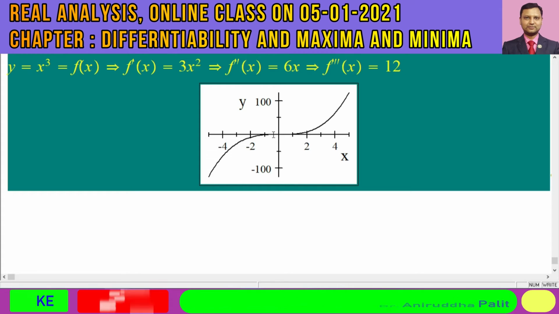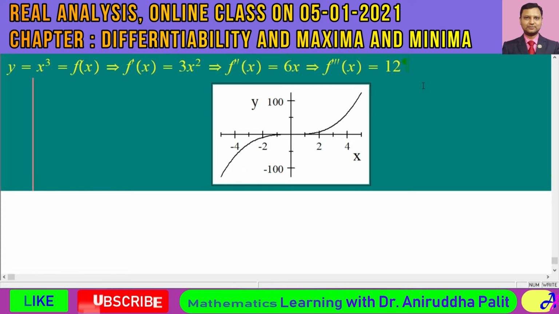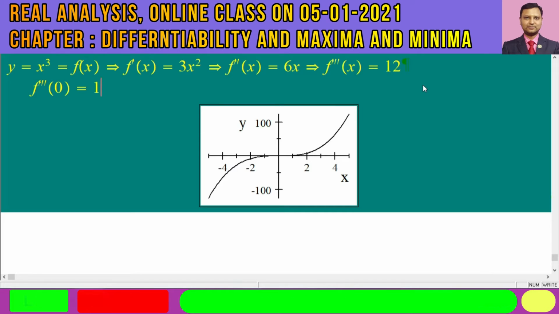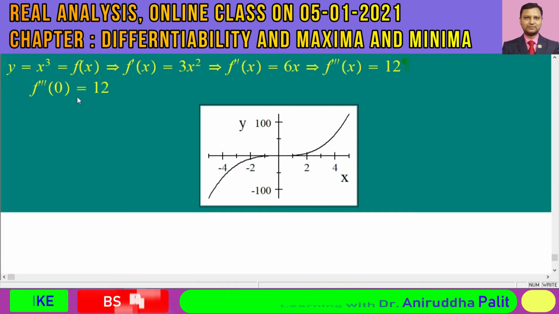If we want to study the point of extremum at the point x is equal to 0, f triple dash at the point 0 is equal to 12. This would be the first non-vanishing derivative at the point x is equal to 0.